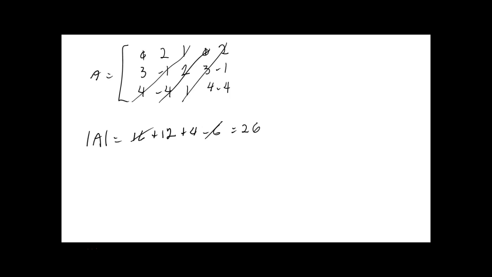I botched it. Did I write something down wrong? 0, 2, 1, 0, 2, 3, negative 1, 2, 3, negative 1, and 4, negative 4, 1. Must have done something wrong. Oh, yes, I did do something wrong.